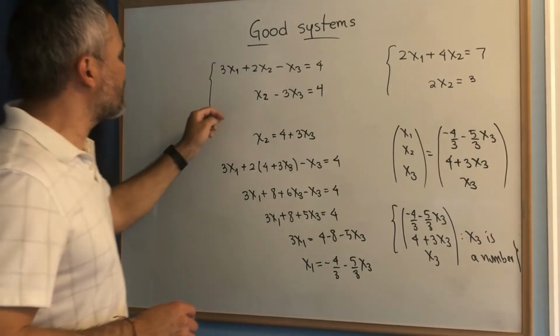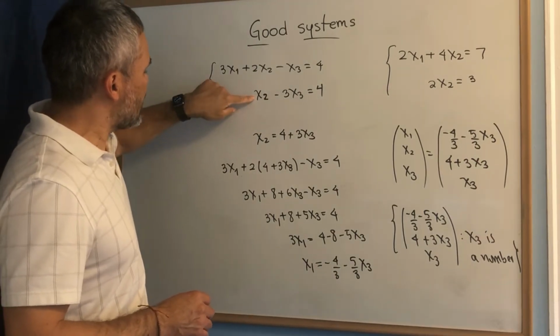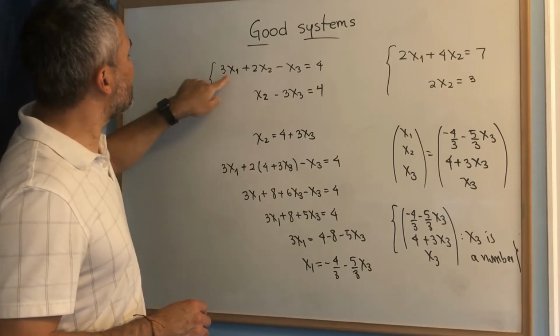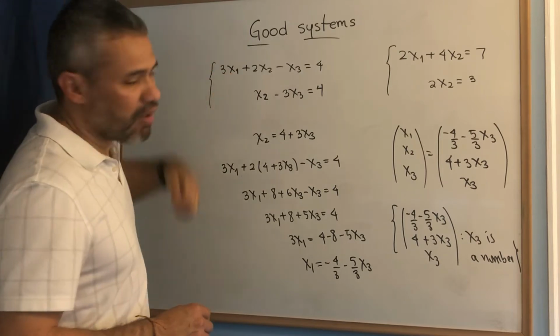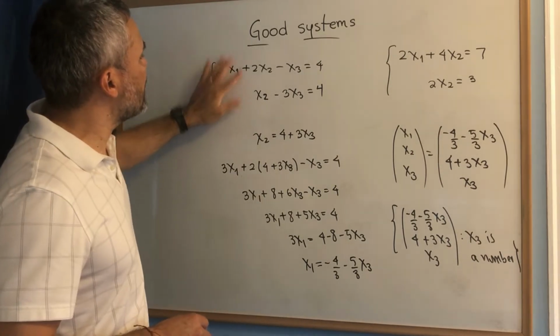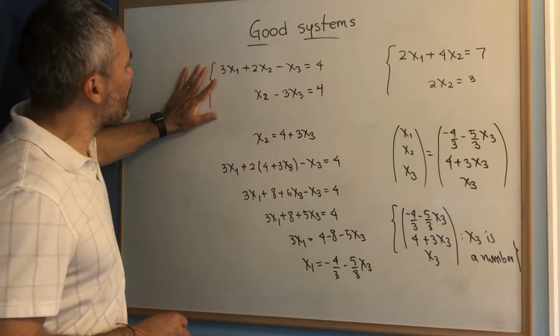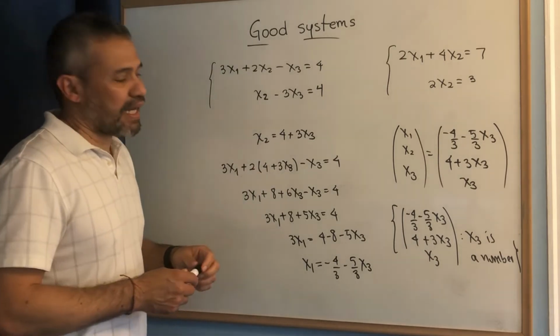Then we notice that the first variable that shows up in the last equation has an index that is bigger than the first variable that shows in the equation above. Then this classifies to be a good system. We will notice that when we have that property, we can do the same technique, which is called back substitution.